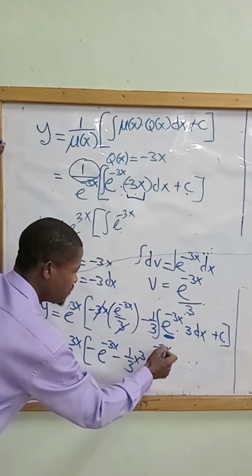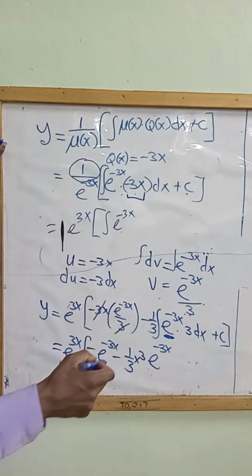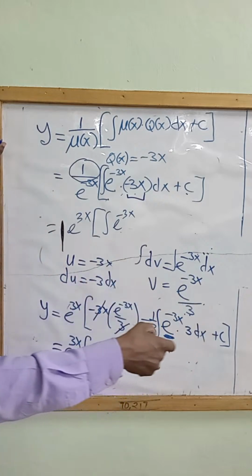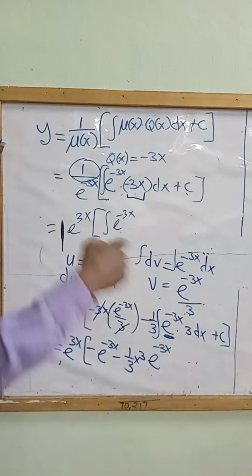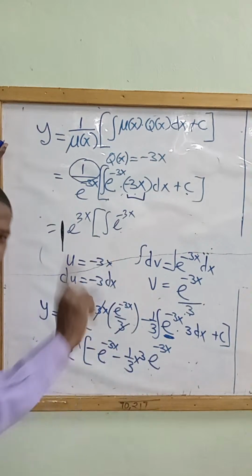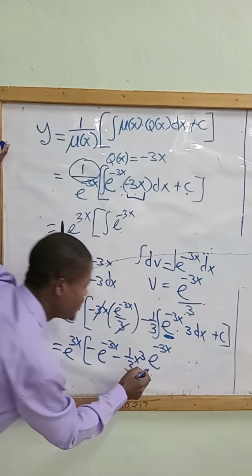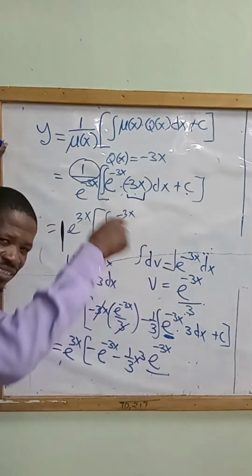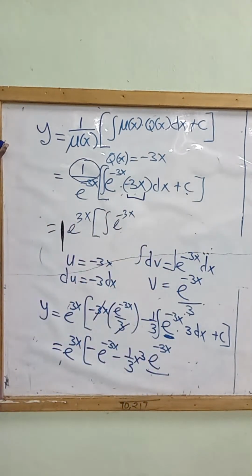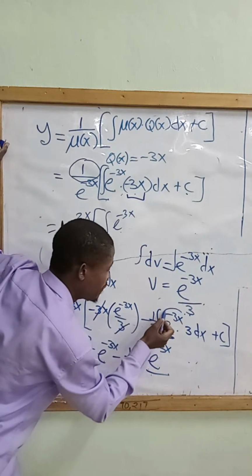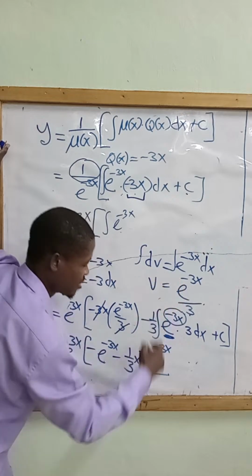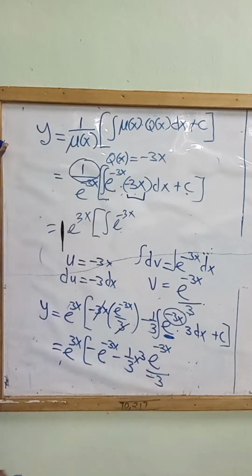When you integrate an e function, it's going to give you that same function, but you must divide by the derivative of that power. By what? By the derivative of the power. And the derivative of minus 3x is what? It is minus 3.